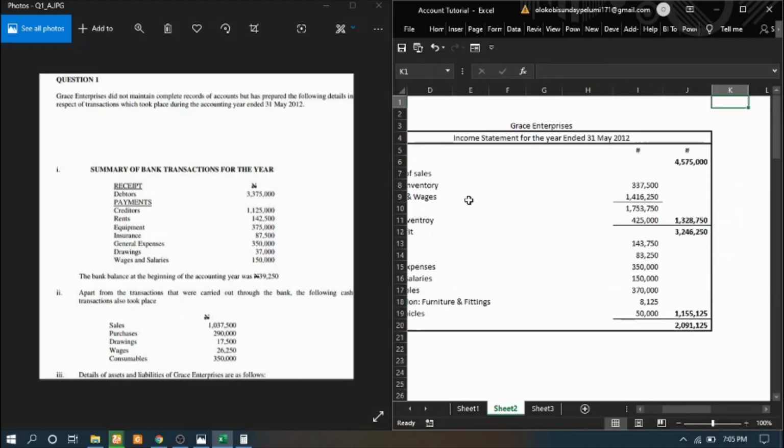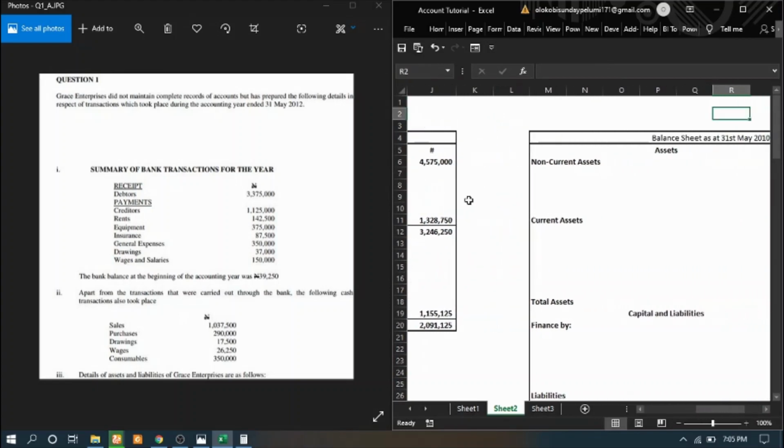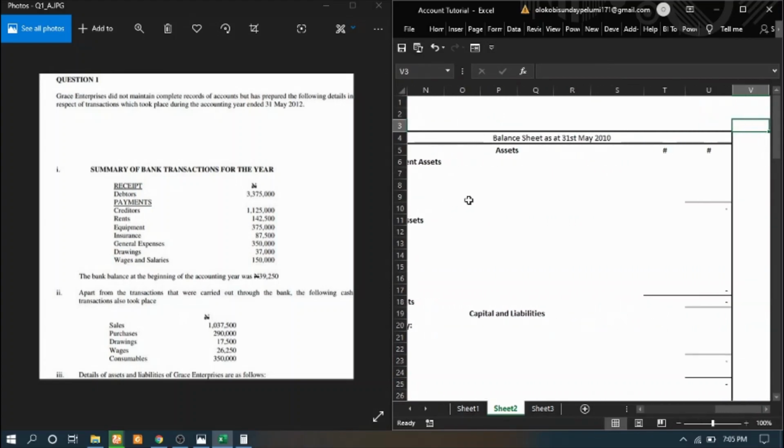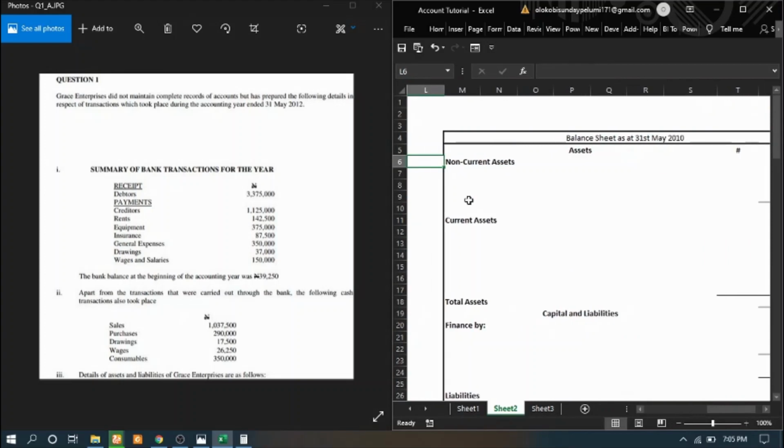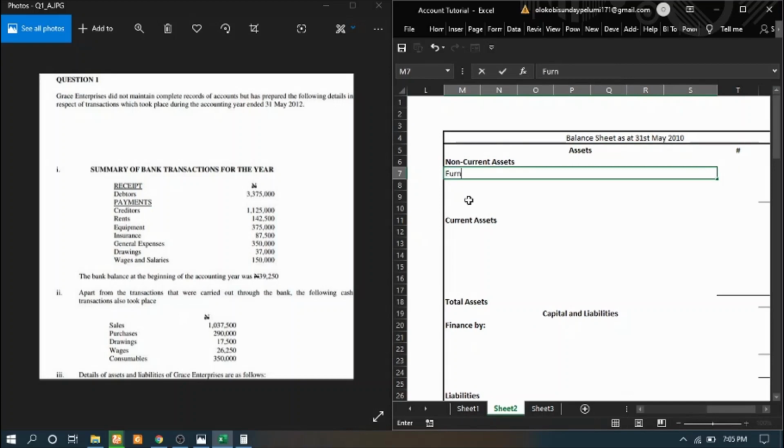Thereafter, let's move on to the statement of financial position. Now we have our assets, non-current assets. So we have furniture and fittings.